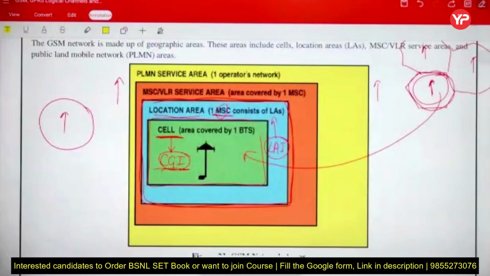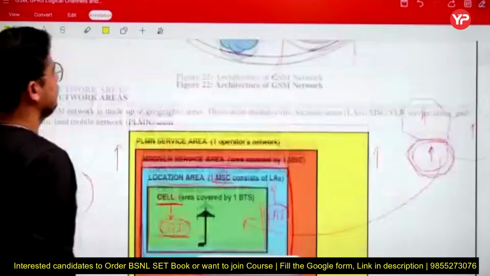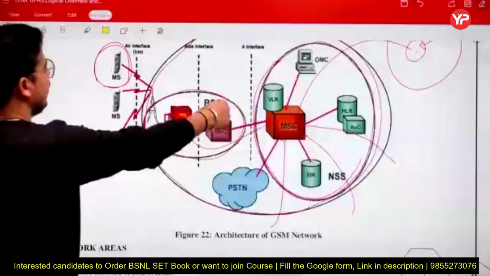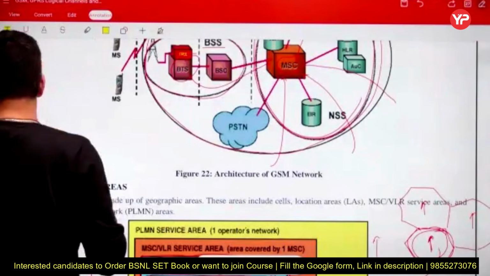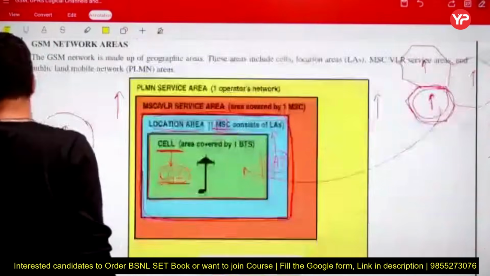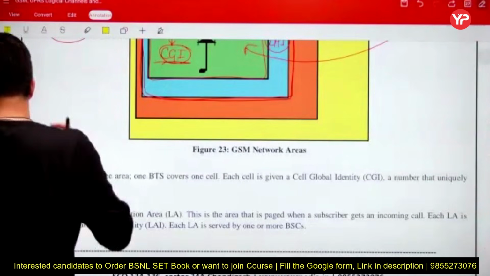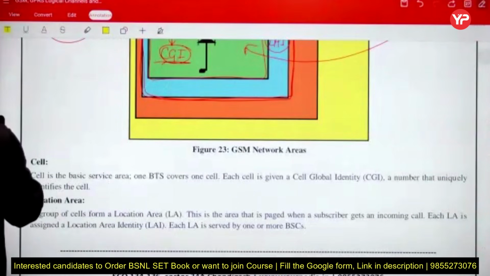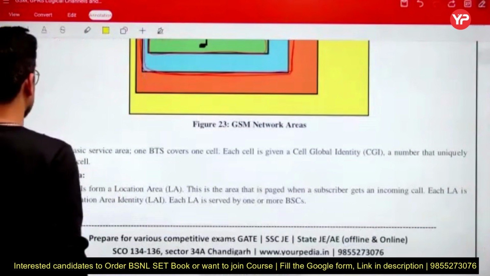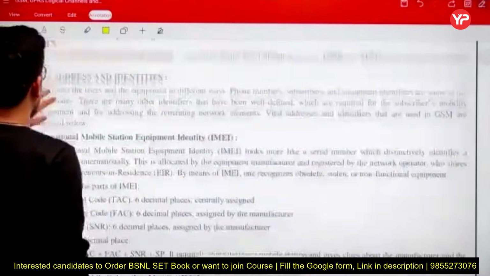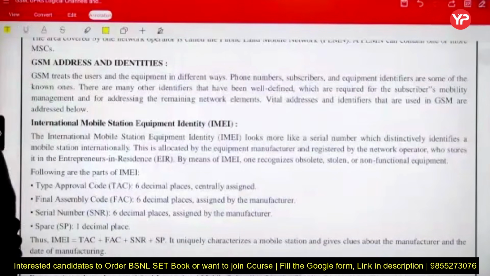That's the definitions, right? Okay, you are talking about this one. These are the definitions: HLR, VLR, OMC. I will discuss these things in detail when we discuss the call setup and all of that. What are these things, right? Right. Okay. Let's come to this one. Yes. We are going to trace the mobile, sir.